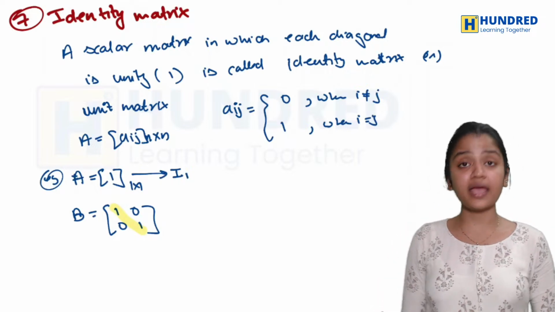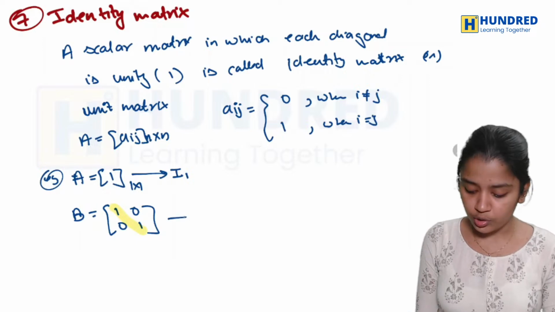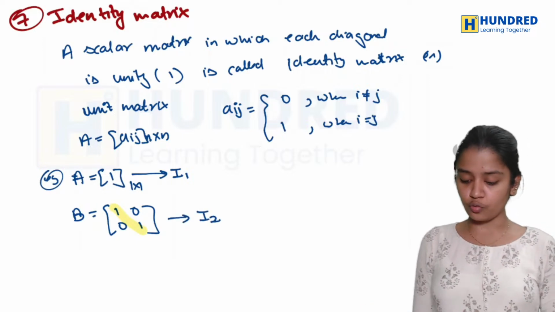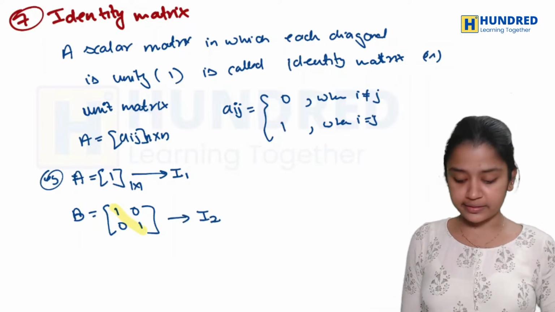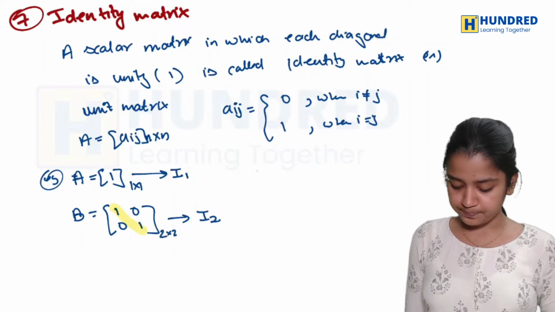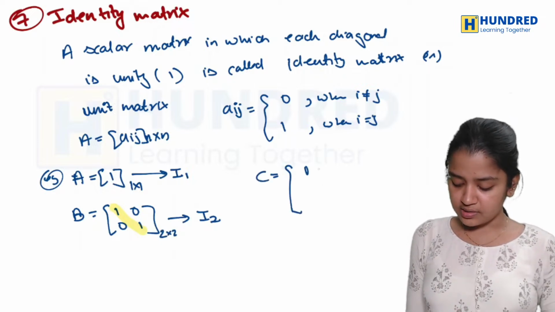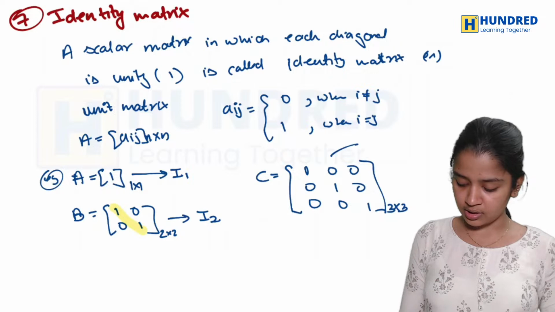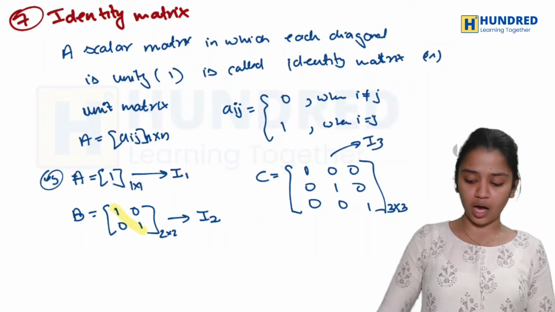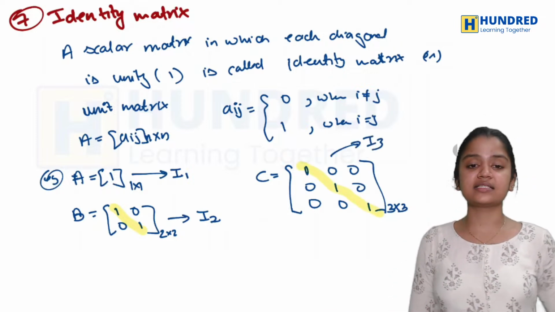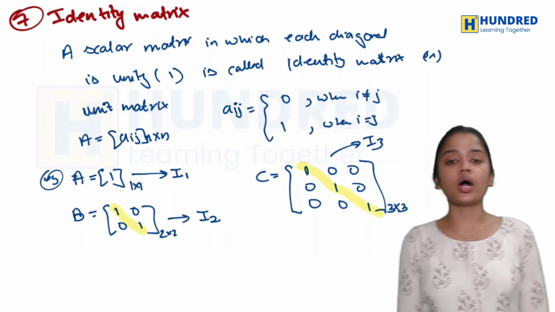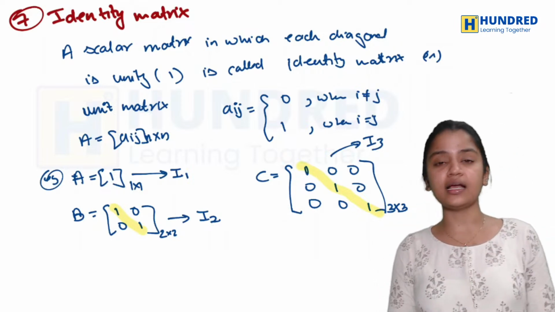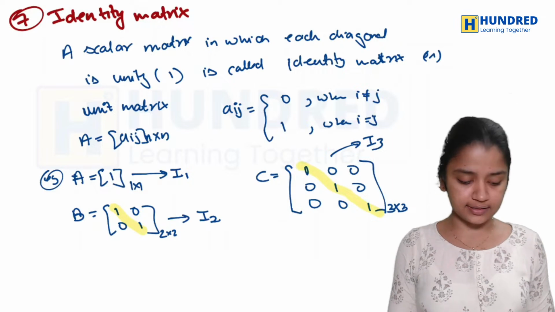So it is identity, and you can represent it as I2. What about order 3? I3 is 1, 0, 0, 0, 1, 0, 0, 0, 1. The diagonal elements are all the same and equal to 1, so you call that matrix I3, the identity matrix of order 3.